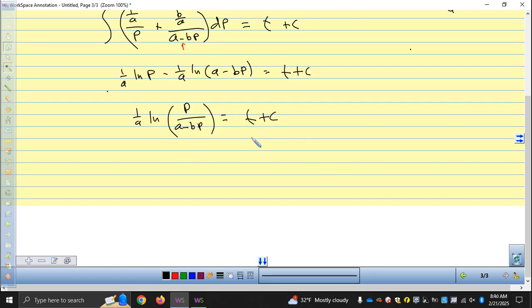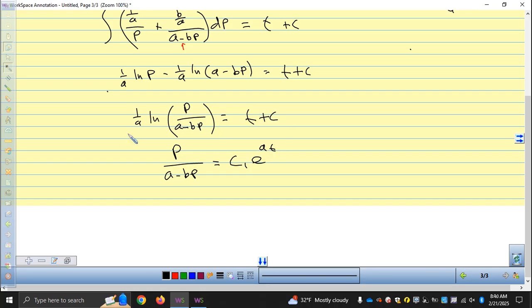And the normal thing that we do here is exponentiate both sides, and I'm going to multiply by A. So we get P over (A minus BP) equals some constant, we'll call it C1, e to the AT.